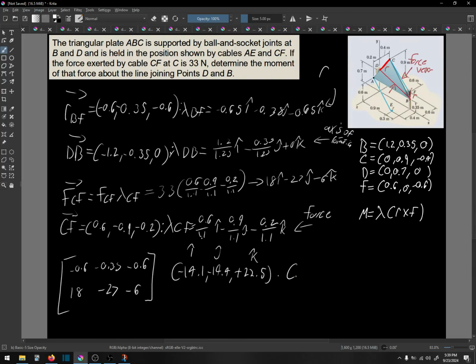Now we have to multiply this by the lambda, which we got up here: 1.2 divided by 1.25, 0.96. Do the same thing, 0.35 divided by 1.25, this is going to be negative 0.28, and then the last one's going to be 0.